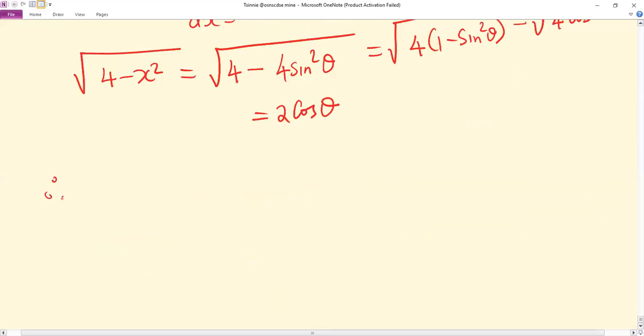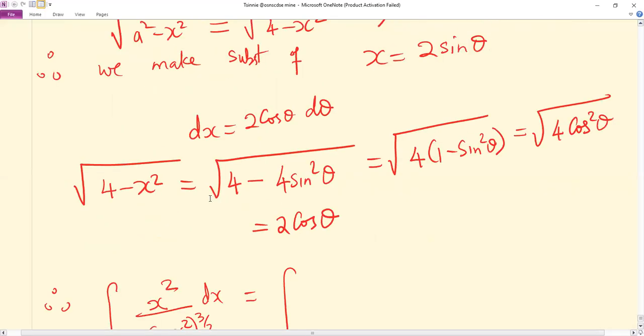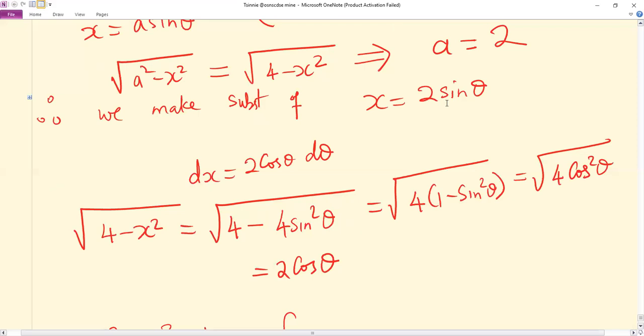So therefore, the integral of x squared over (4 minus x squared) raised to the power 3 over 2 dx will be the integral. Now, if x is 2 sine theta, then squaring it gives 4 sine squared theta.